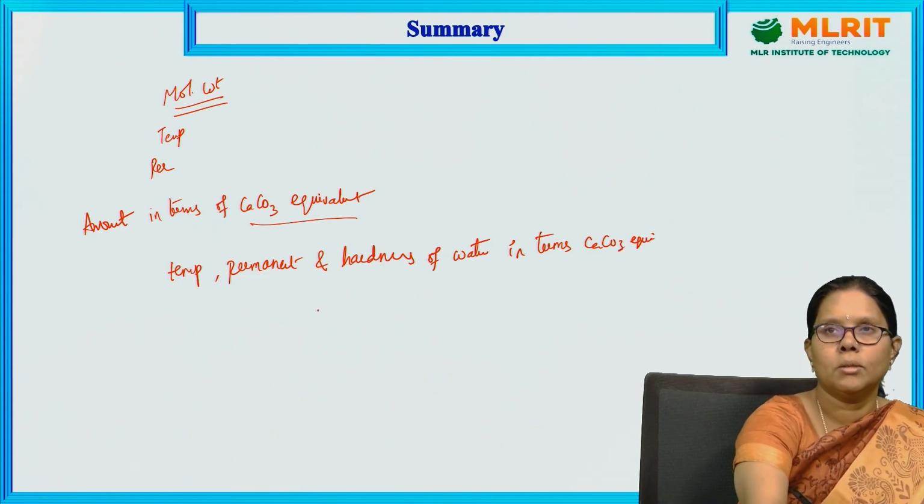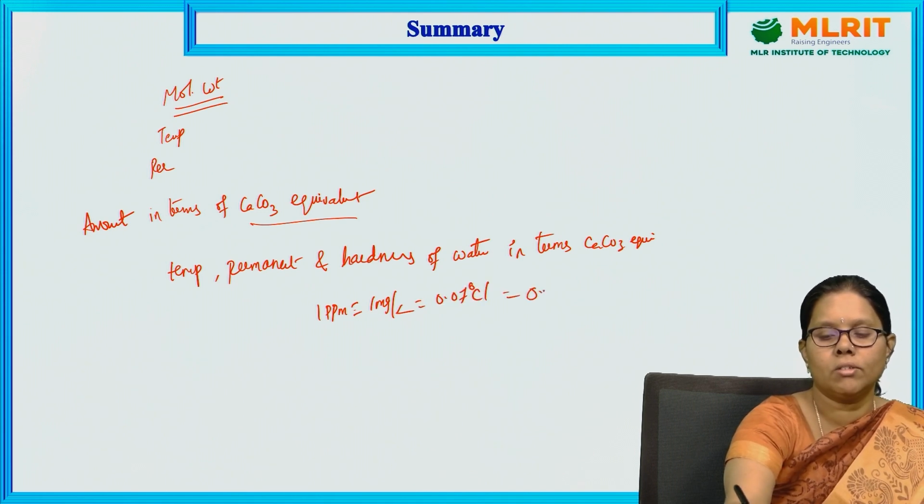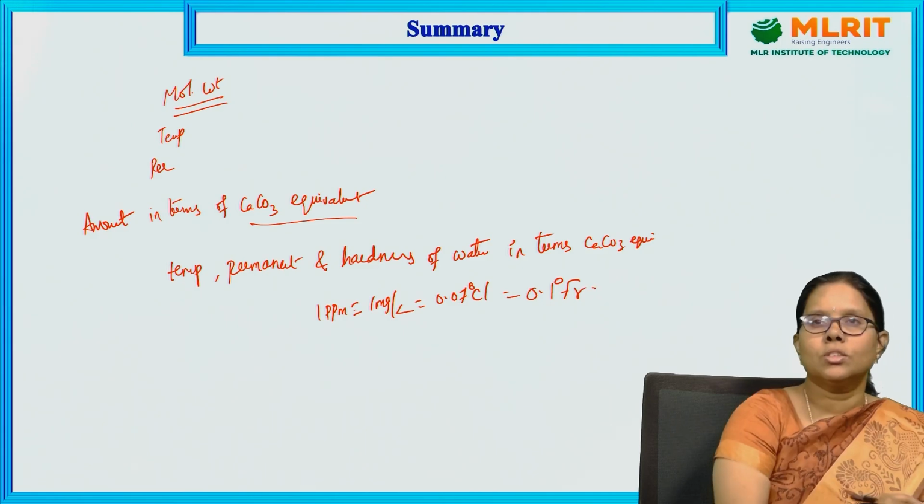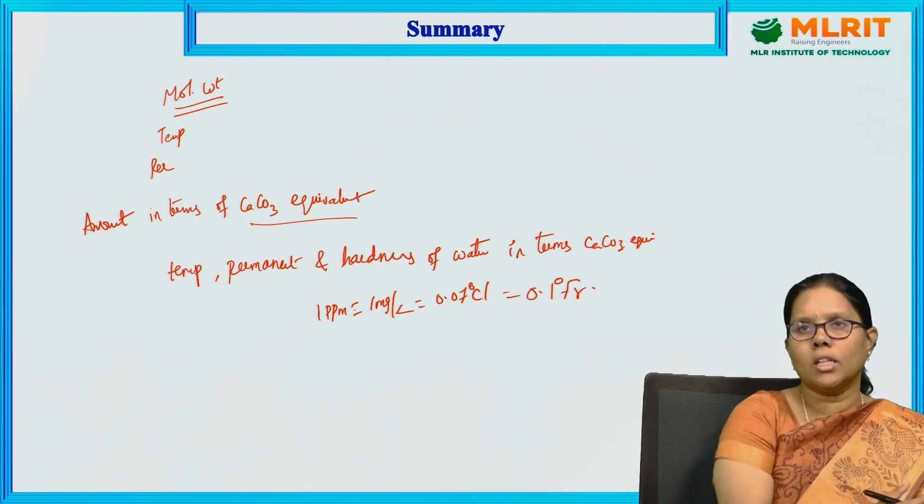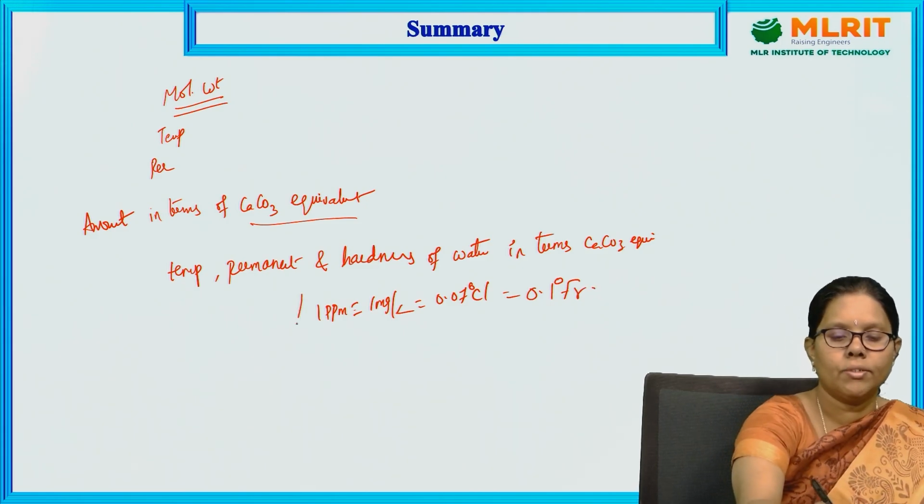So 1 ppm is equal to 1 milligram per liter, which is equal to 0.07 degree Clark, which is equal to 0.1 degree French. So every unit is converted into other units and the relation was given here.